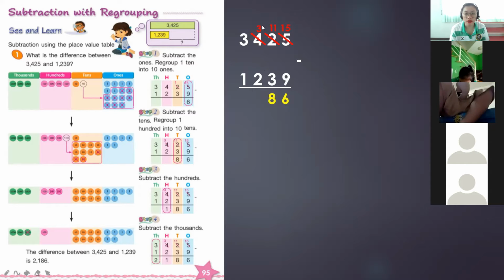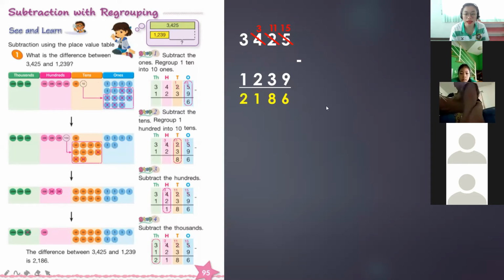In the minuend, it is 3 in the hundreds place, and in the subtrahend, it is 2. So we can subtract these two digits. There's no need to borrow from the thousands place. So 3 minus 2 is equal to 1, and 3 minus 1 is equal to 2.